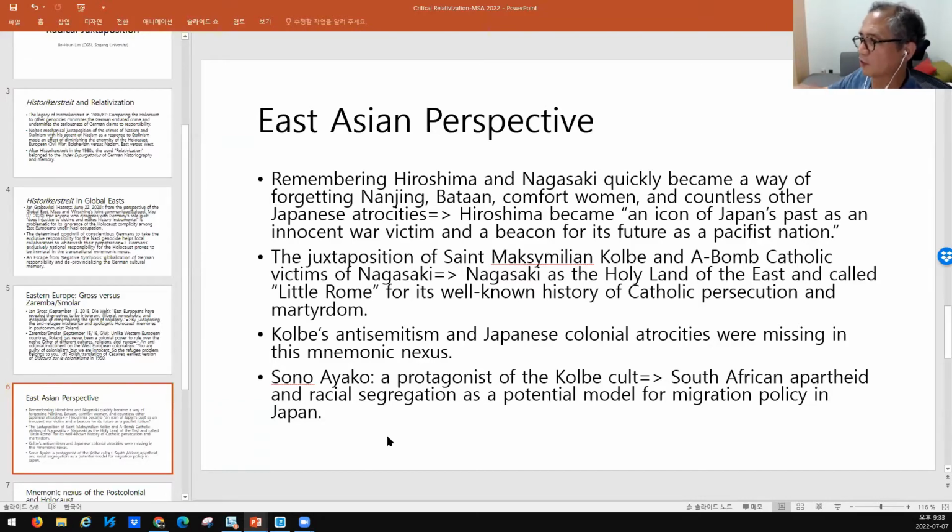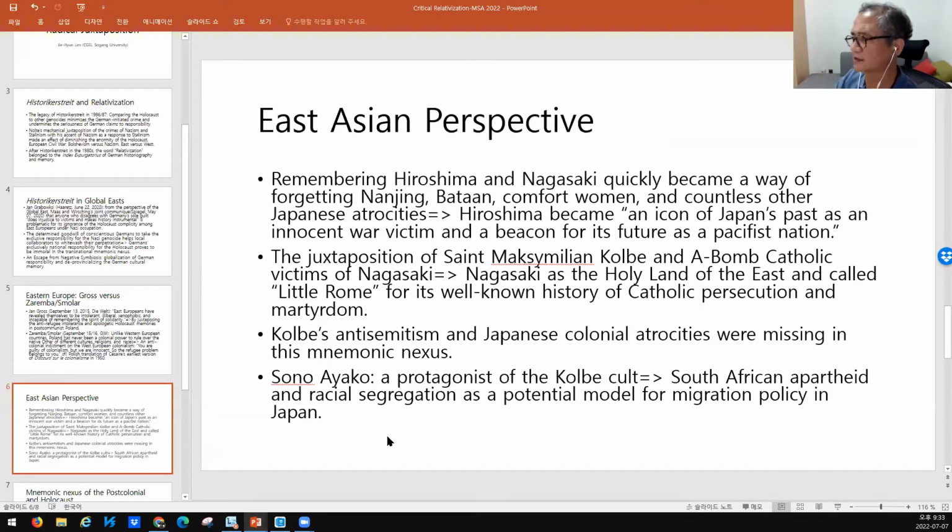Even an article called "Miracle" (Kiseki) about Maximilian Kolbe was published in a literature textbook in Japanese high schools. He is one of the really well-revered saints among Japanese Catholics, but also among ordinary Japanese, for having sacrificed himself to save the other inmates in Auschwitz.